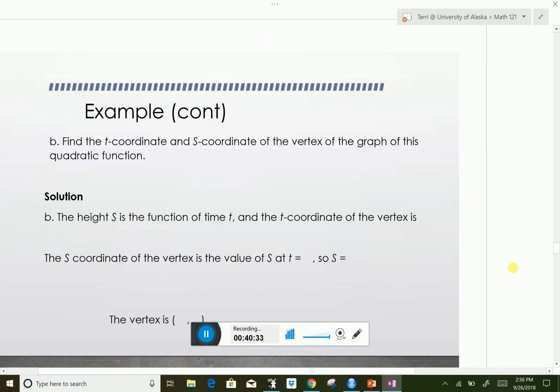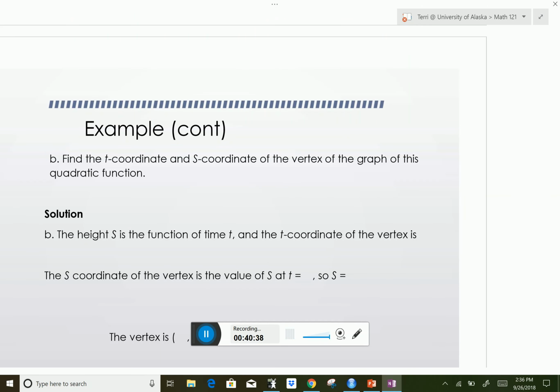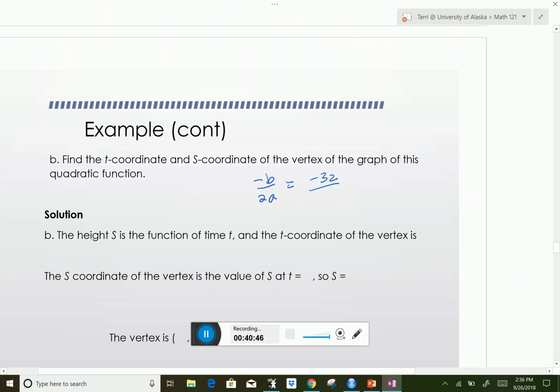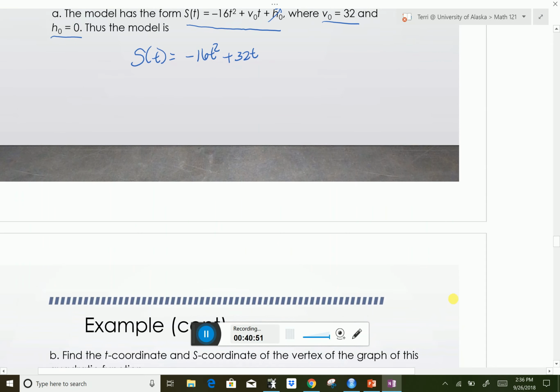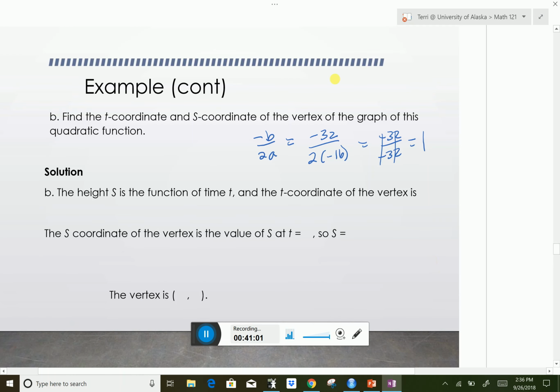So we want to find the coordinates of this graph. So what is the vertex? Negative b over 2a would be negative 32 over 2 times negative 16. Yeah, that's right. Okay. So negative 32 over negative 32 is 1. So if I plug 1 back into that equation, s of 1 is negative 16 times 1 squared plus 32 times 1.